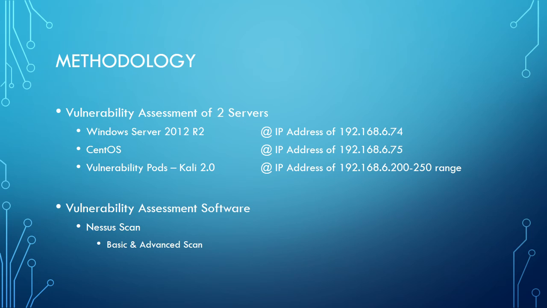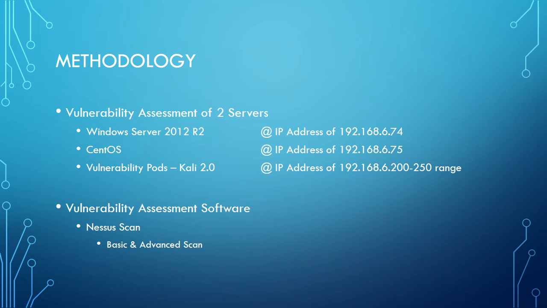The vulnerability assessment was done on two servers: a Windows Server 2012 R2 at a static IP address of 192.168.6.74, and also a CentOS server, which is a Linux-based server, with a static IP address of 192.168.6.75.